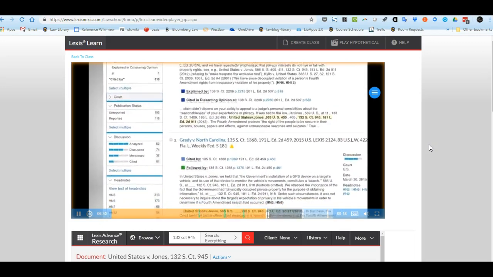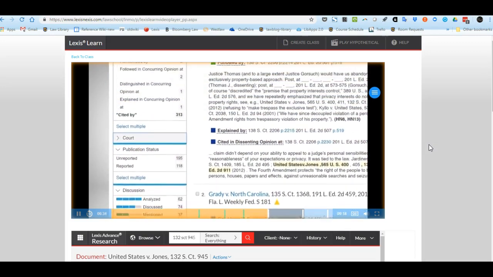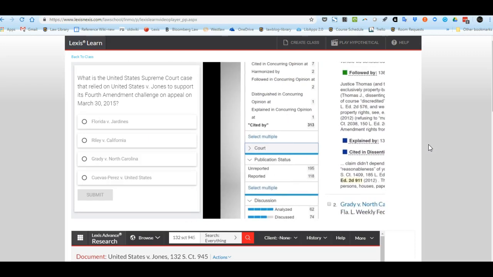The filters on the left are available to help you further refine this list of cases. Okay, so what is the U.S. Supreme Court case that relied on U.S. v. Jones to support its Fourth Amendment challenge on appeal on March 30th, 2015?